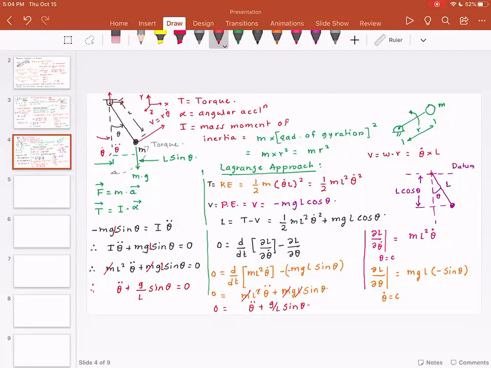So we derived the exact same equation using both these approaches. Any questions here?